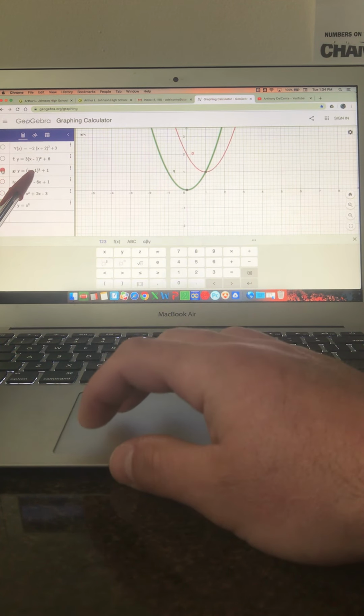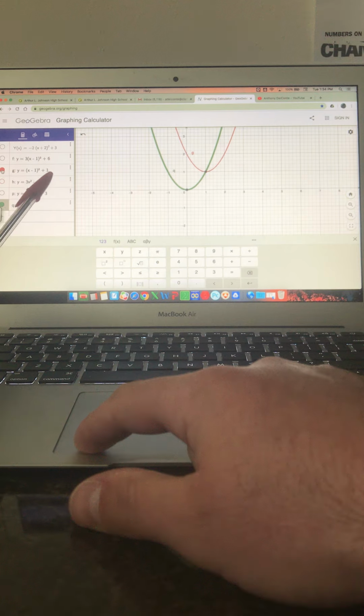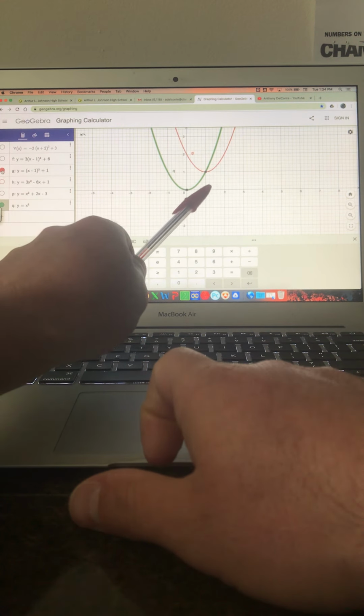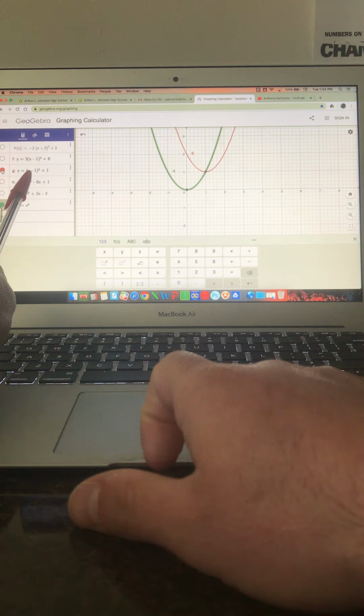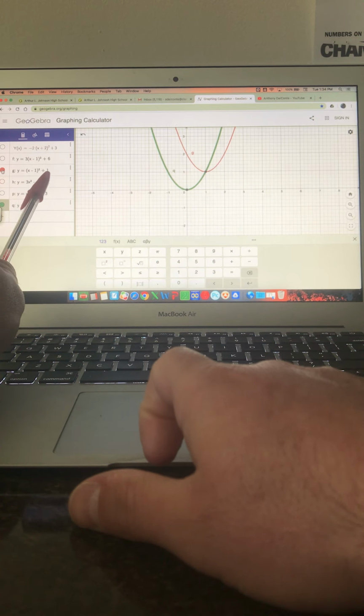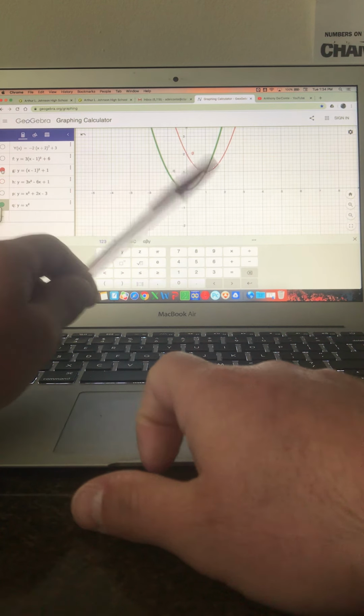When we graph it, you notice the minus 1 really means that it shifted to the right one. And it's because of that minus in the actual equation. And then the plus 1 on the outside means that it shifted up 1.